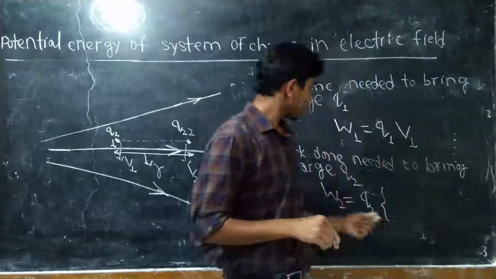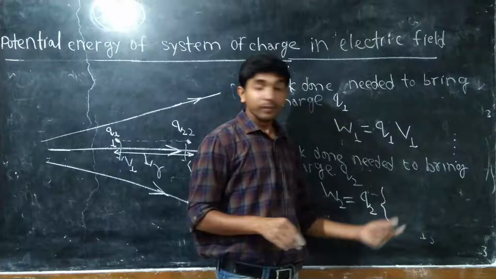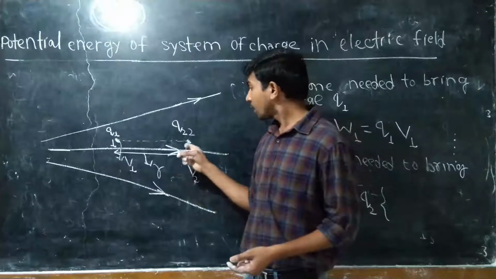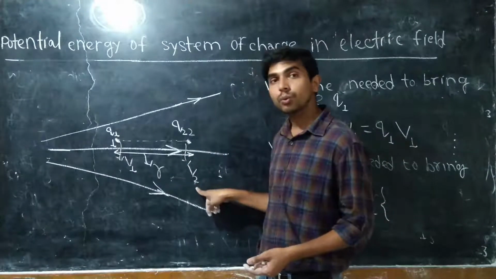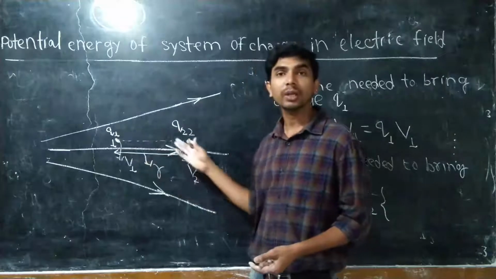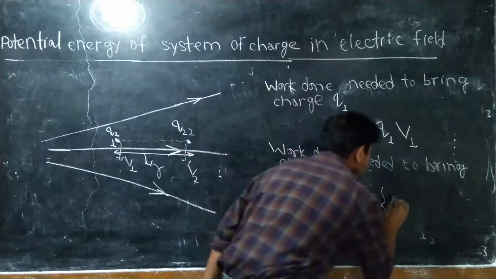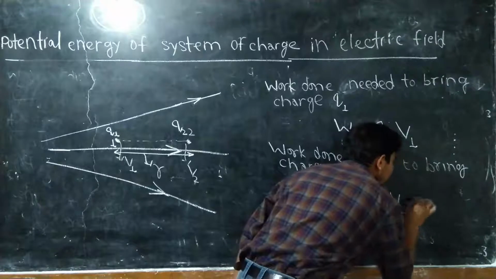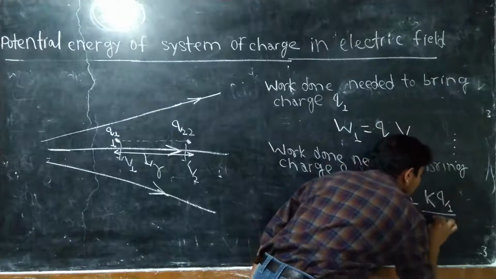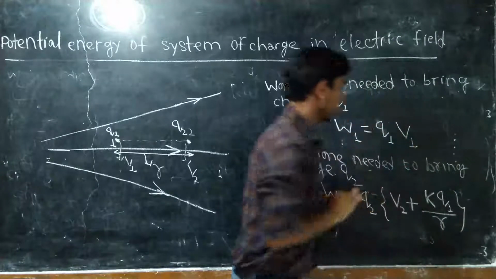So the total potential at point 2, due to the electric field, is V2, and this charge will also create potential. So the potential we can write is V2 plus KQ1 by R, right?